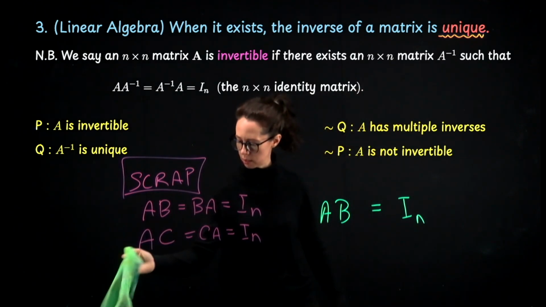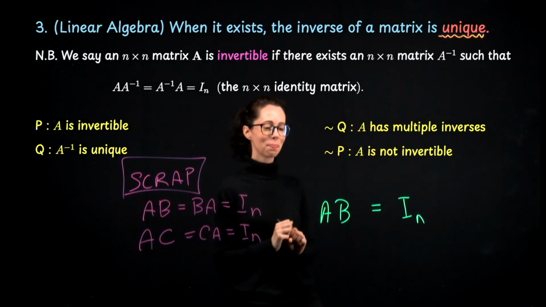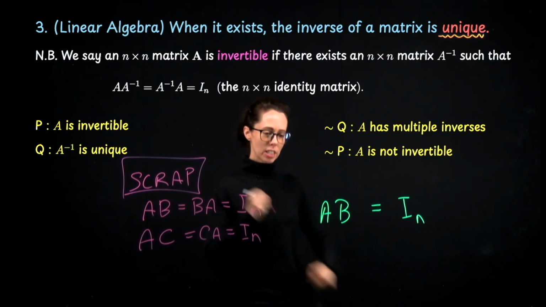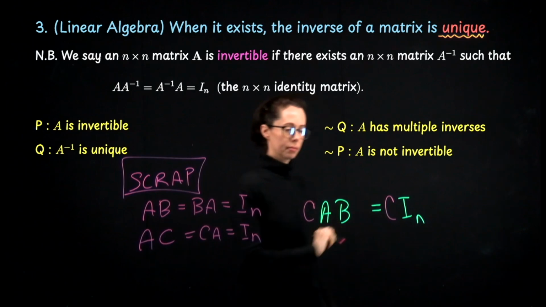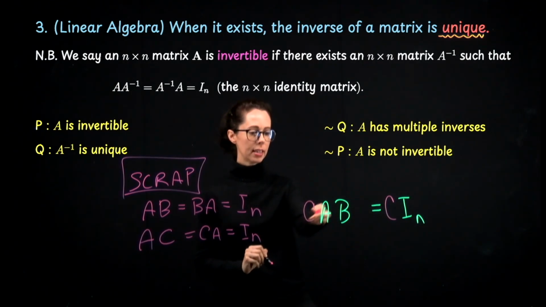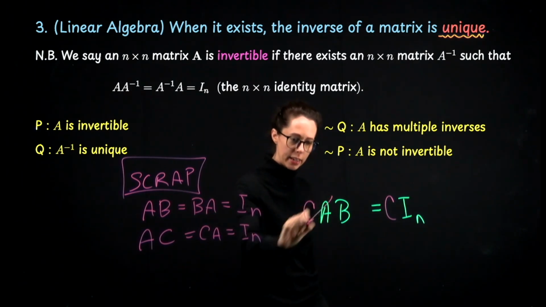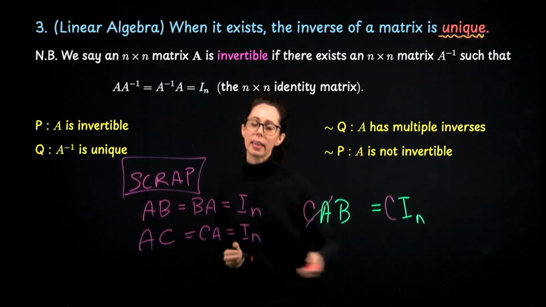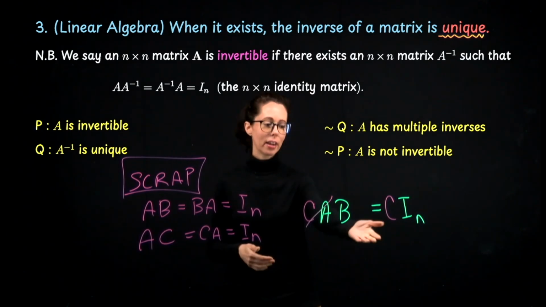Then what happens, I think I've lost a marker. Okay, I'll go back to pink. Well, what if I just took this and hit it from the left with C? And then it's like C times A times B equals C, but actually CA is the identity. So we end up with B equals C, and therefore we're going to conclude that B and C couldn't be distinct. They are in fact equal.